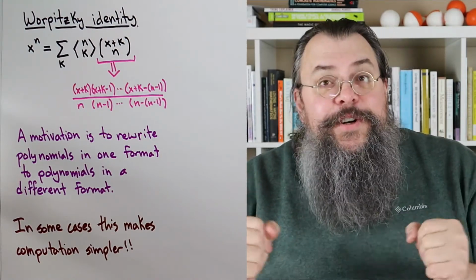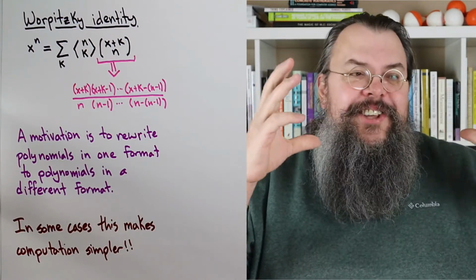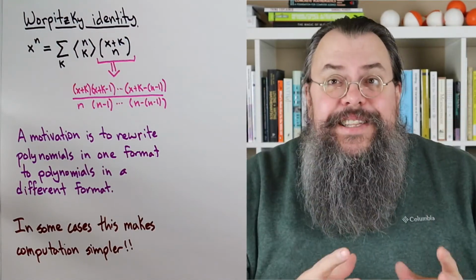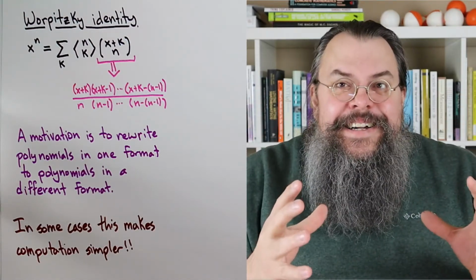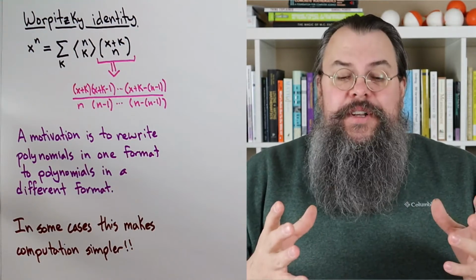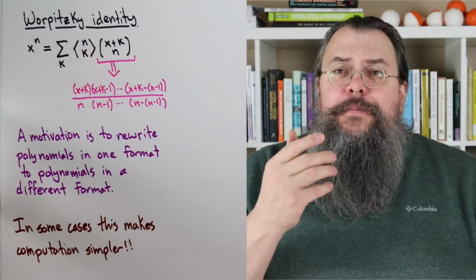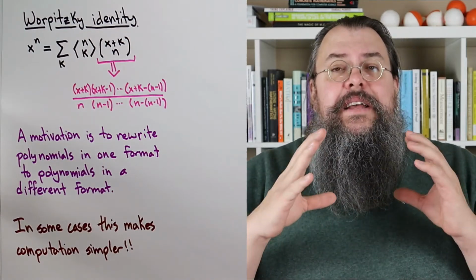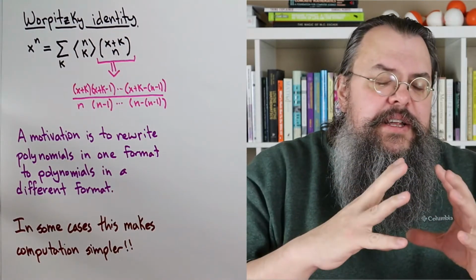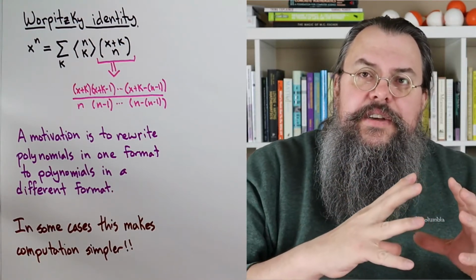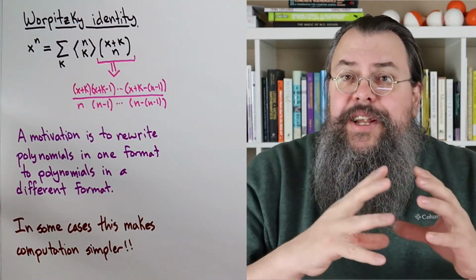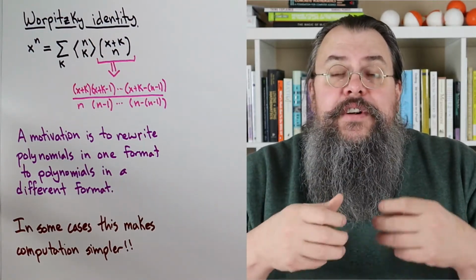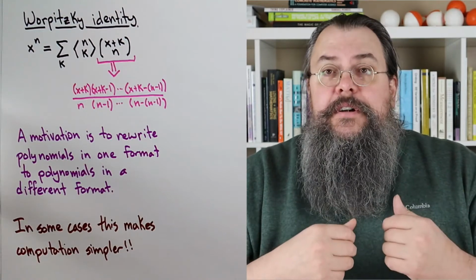And our first initial reaction to this is, this is terrible. Look how complicated you've made this. Why have you done this to us? But after we get over our initial reaction, we say, okay, maybe there's a good reason to do this. If you can change an expression, you might be able to change it into something where certain computations become simpler.